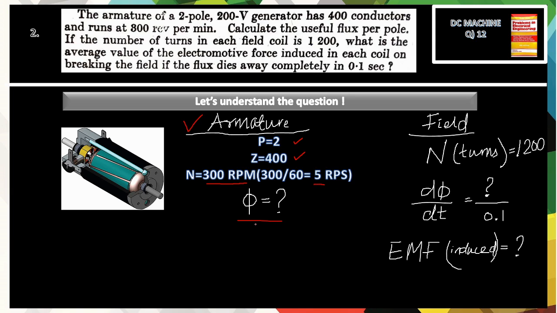It is asking for the useful flux per pole. Simultaneously, it has given that the field turns are 1200. In d phi by dt, the dt value is given, the phi value we will get from here, and dt is given as 0.1. So you have to calculate the induced EMF.